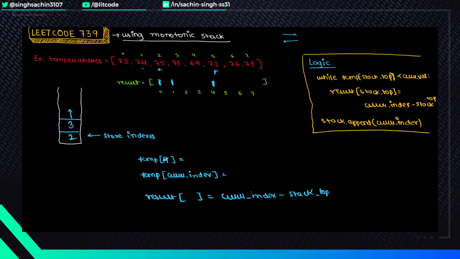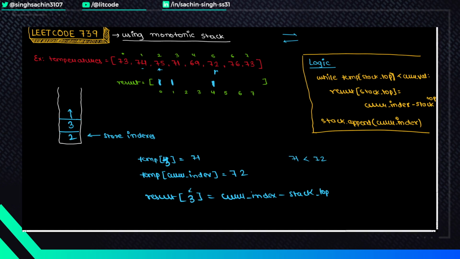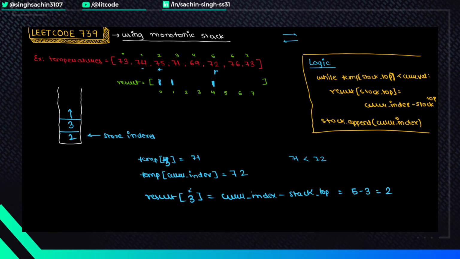Temperature at 3 was 71, current value is 72, 71 is smaller than 72, and here we'll have stack top, which is 3, current index is 5 minus 3, which ends up 2, right? So at index 3 we will write 2. Okay, now this element is also popped. This is my existing stack now.